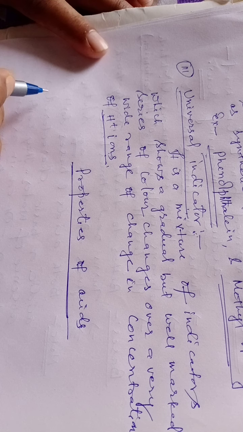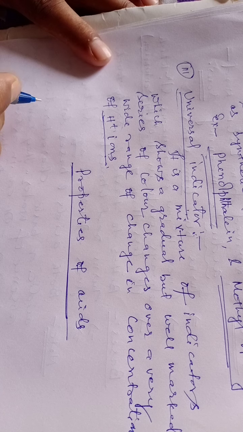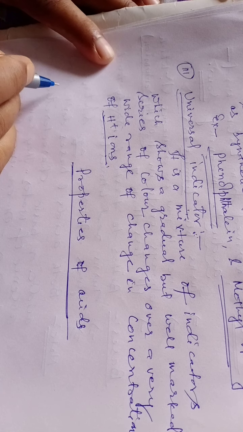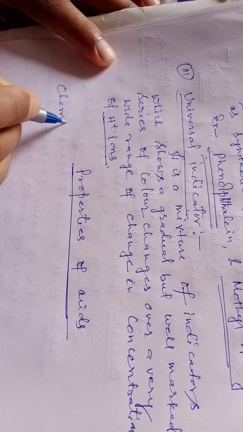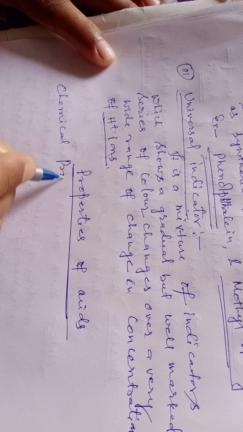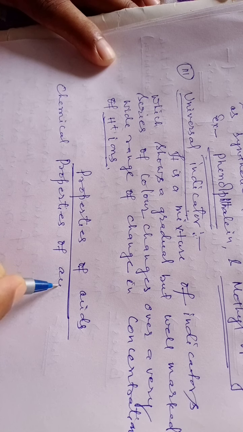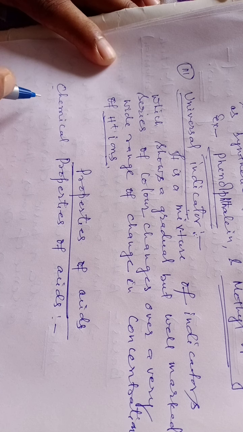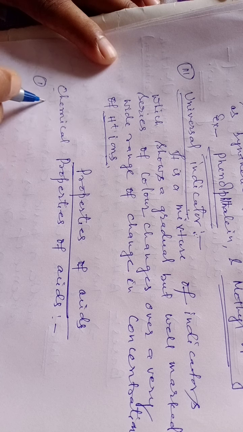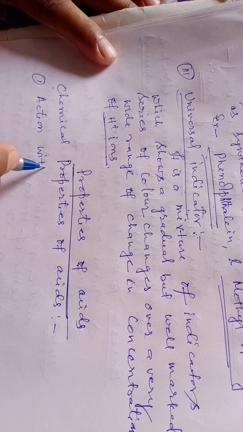Now the chemical properties. Let us discuss some important chemical properties of acids. First, action with metals.